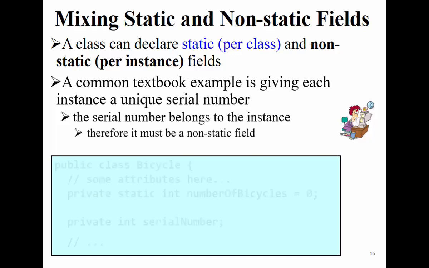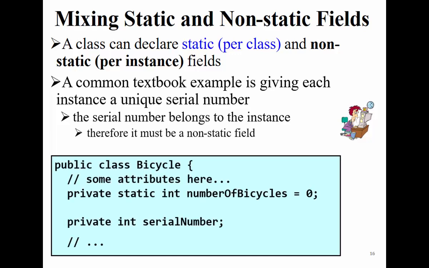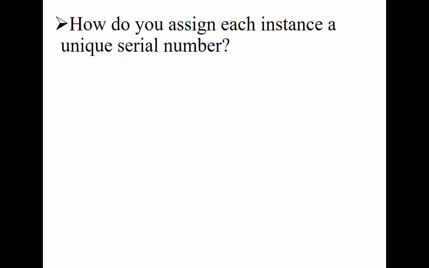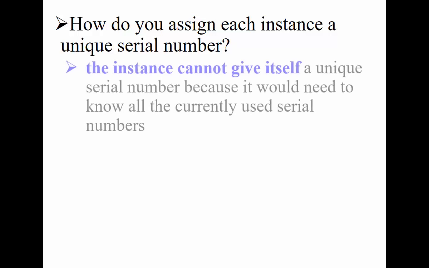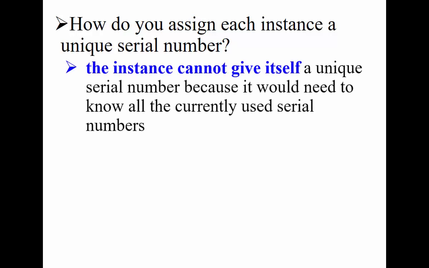In this case, we define a private integer serial number, and for each bicycle we create, we will have a unique serial number. And we define the number of bicycles as static. How do we assign each bicycle a unique serial number? We can use the static field to help and guide us in assigning the unique number.